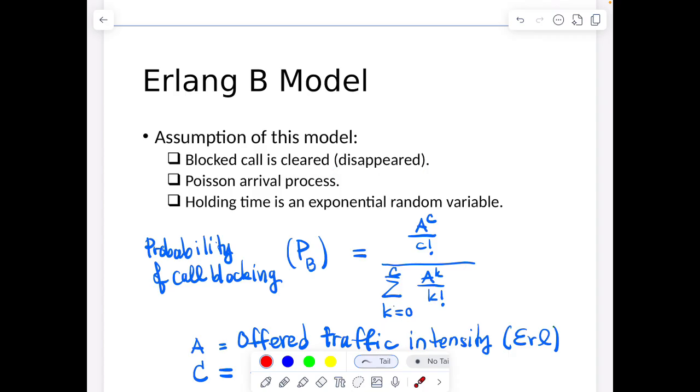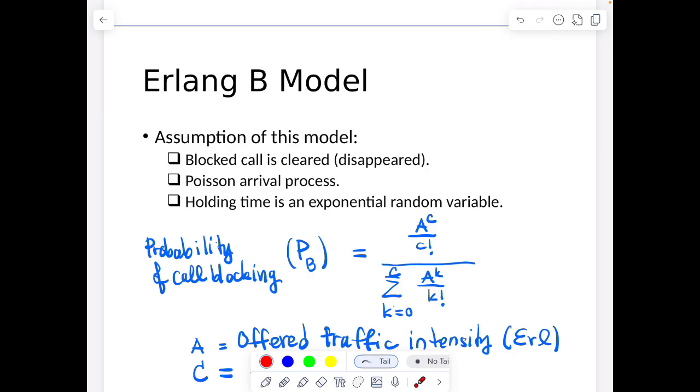So if you try to make a call to a certain network, maybe it could be AIS, or it could be True. Once you make a call, but you get this signal of no circuit available, or you cannot connect, then the call is blocked. Once the call is blocked, you or the user will not make a call again, right? It will disappear. That means you don't make a call, you switch to another network, right? So this is what is called blocked calls cleared.